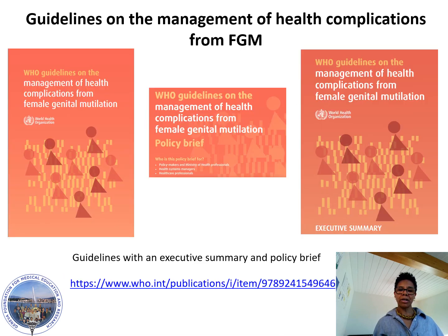And these are the documents related to the guidelines. We have the guideline itself, the WHO guidelines. We have a summary, an executive summary for this guideline. If you do not want to read all of its content, there is a summarized version as well as a policy brief. Please visit this link if you would like to read some more on it.